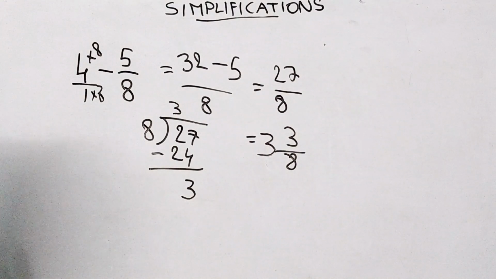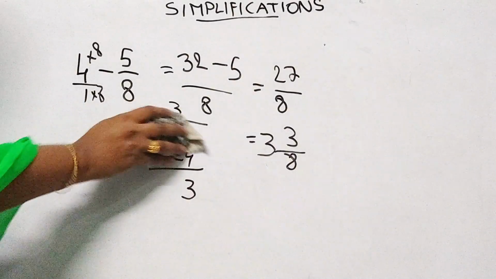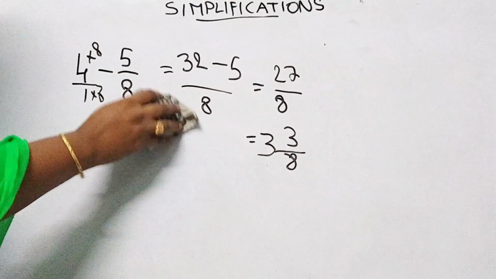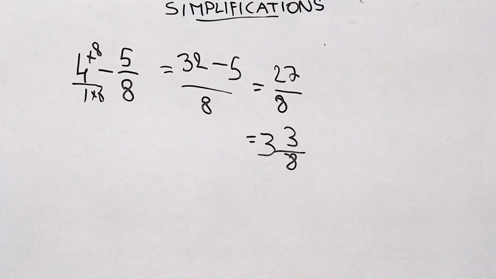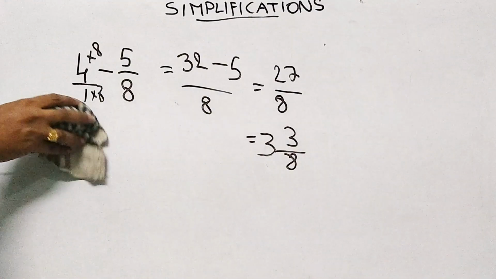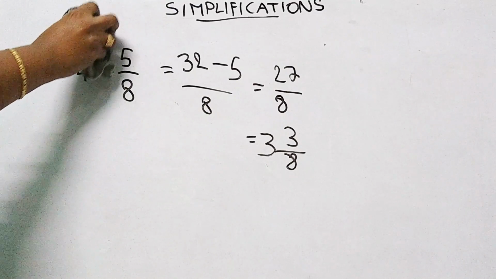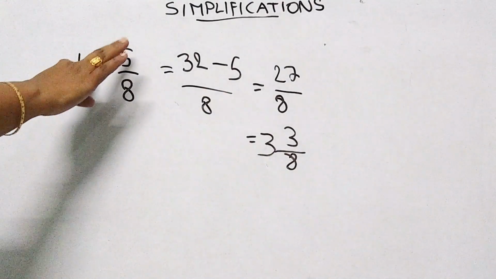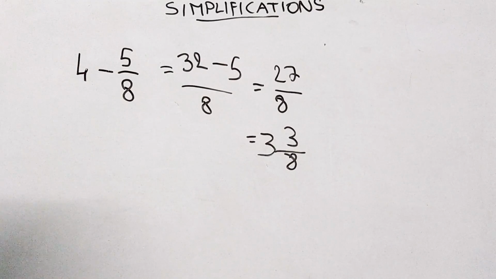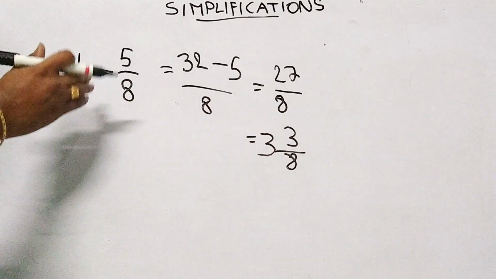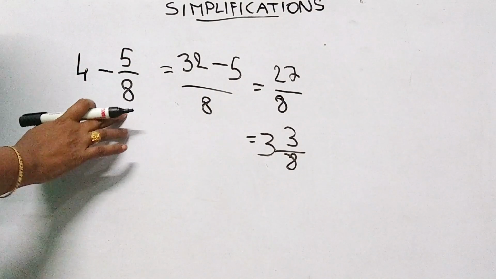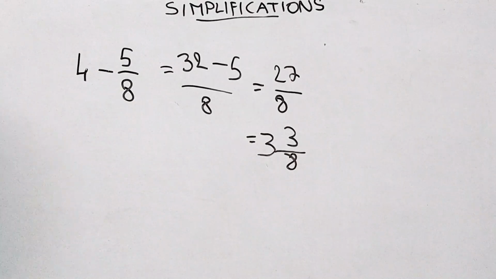Now I will tell you the shortcut for this. See, the question is 4 minus 5 by 8. We are doing subtraction. In addition, we just join the number and fractional part together to get the answer.